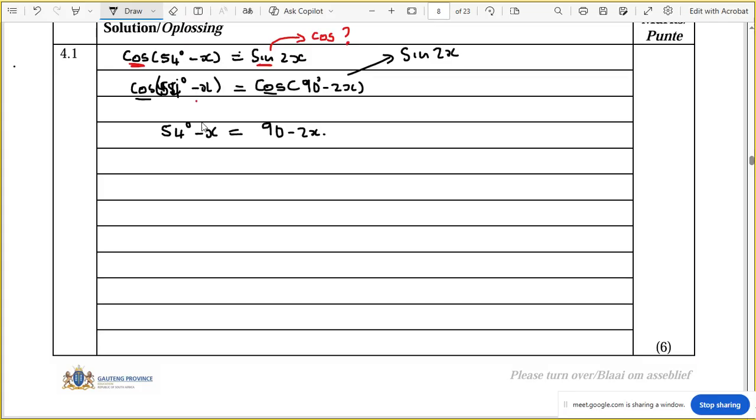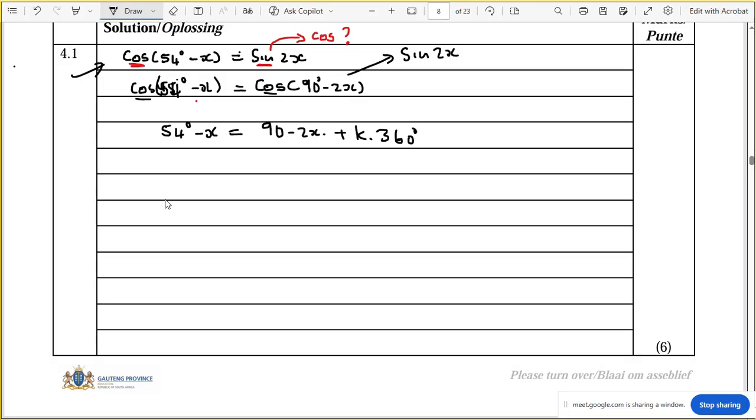After dropping the cos, on the side where you have the 90 minus 2x, you add k times 360 degrees. So if you get a general solution like this, it will be your lucky day, because this is the easiest one. Then you group the like terms.